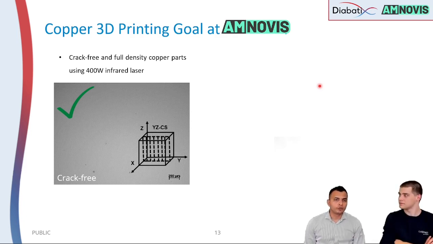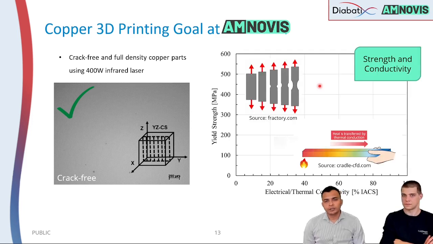The first one was to produce crack free and fully dense parts, preferably using conventionally available machines enabled with laser power output up to 400 watts. And the second objective was that the manufactured part should have the best combination of strength and electrical or thermal conductivity. Perhaps electrical and thermal conductivity both go hand in hand.